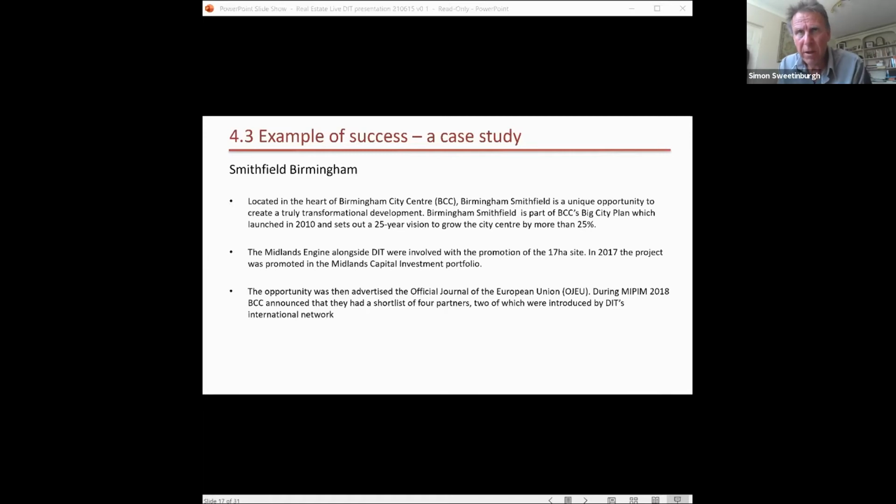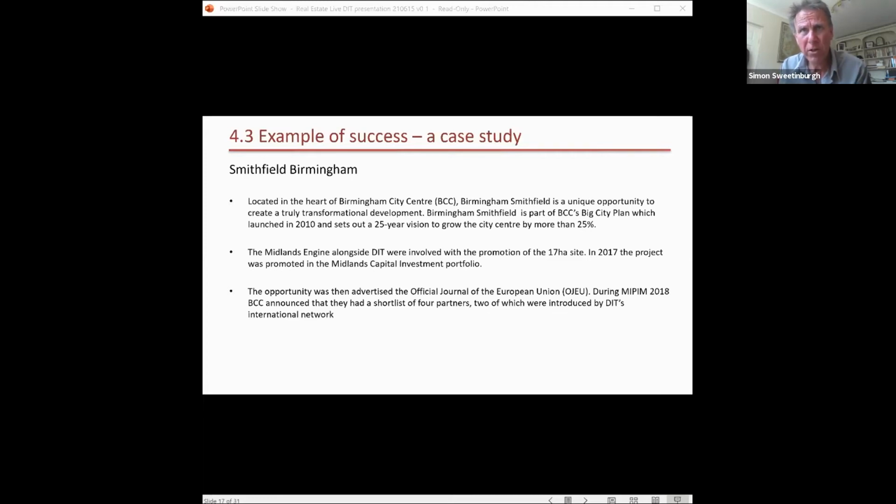And being a public project, we need to go through the relevant procurement processes. We often work alongside those bringing forward projects in procurement processes, and indeed the agents that they may appoint to support that process.